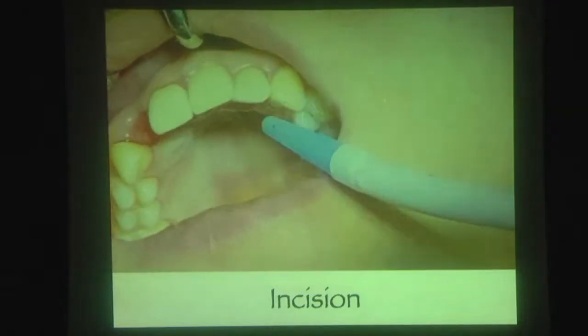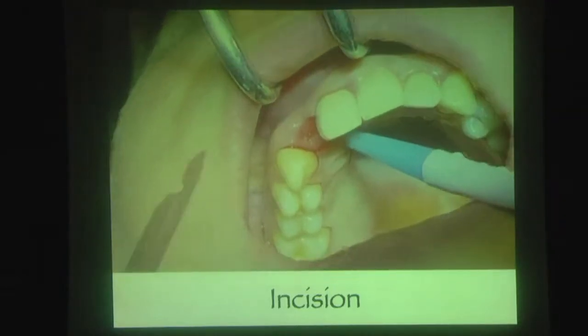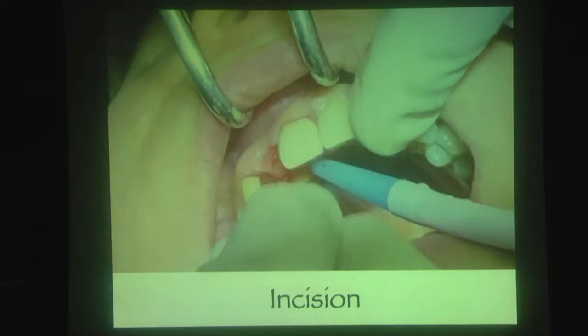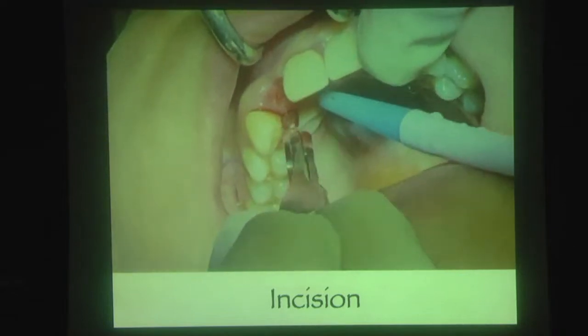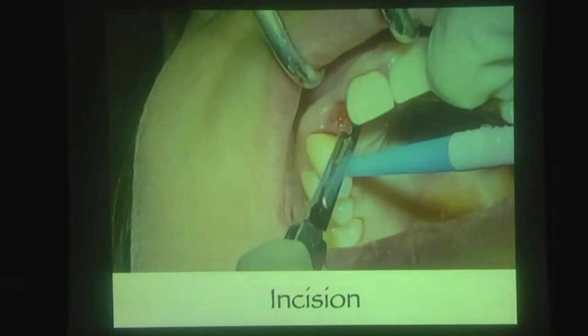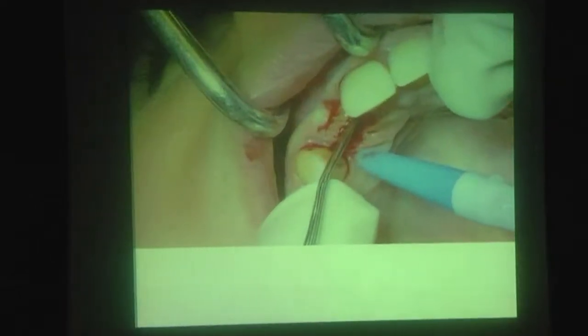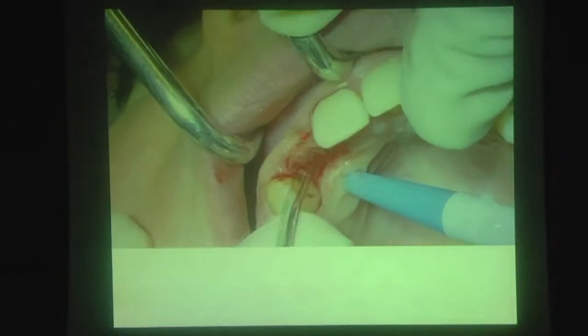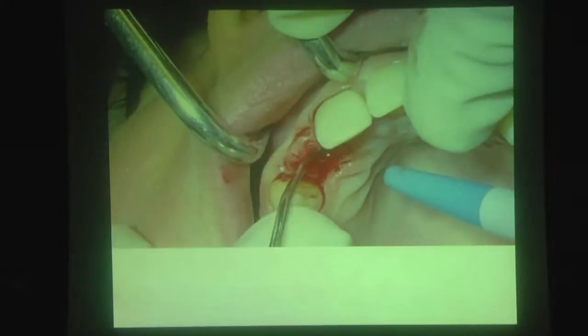Normally, I use the 15 blade for the operations. And we made the sulcular incision. You see it. And then, look, what did we do?